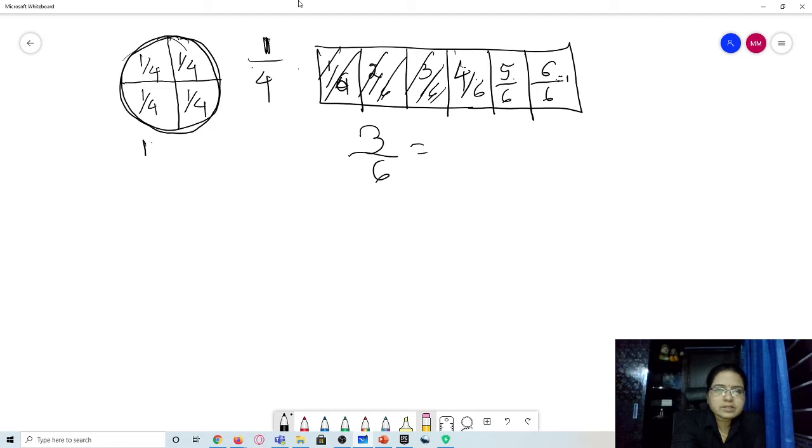Here 3 parts are shaded. Number of shaded parts is 3, total number of parts is 6. So 3 divided by 6, where 3 is the numerator and 6 is the denominator.